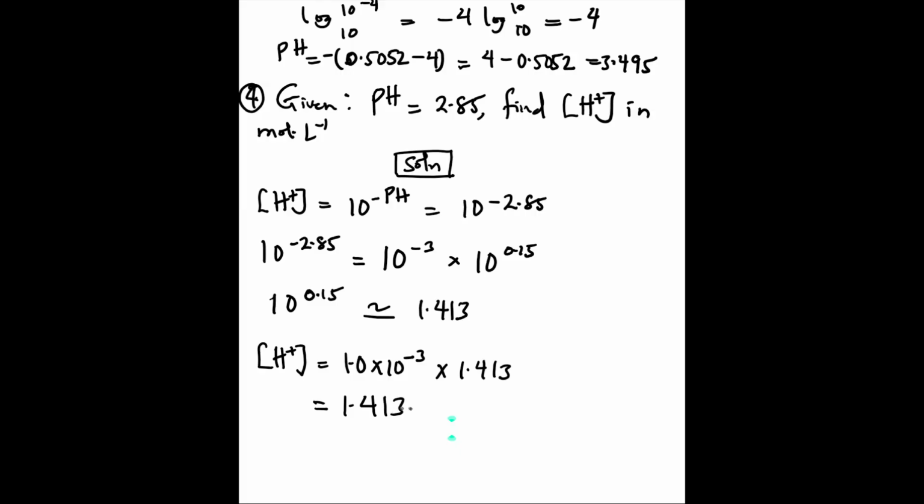Okay, so 1.413 times 1 gives us 1.413 times 10 raised to power minus 3 molar. So therefore we'll say that the concentration of H plus is equal to 1.41 times 10 raised to power minus 3 molar.